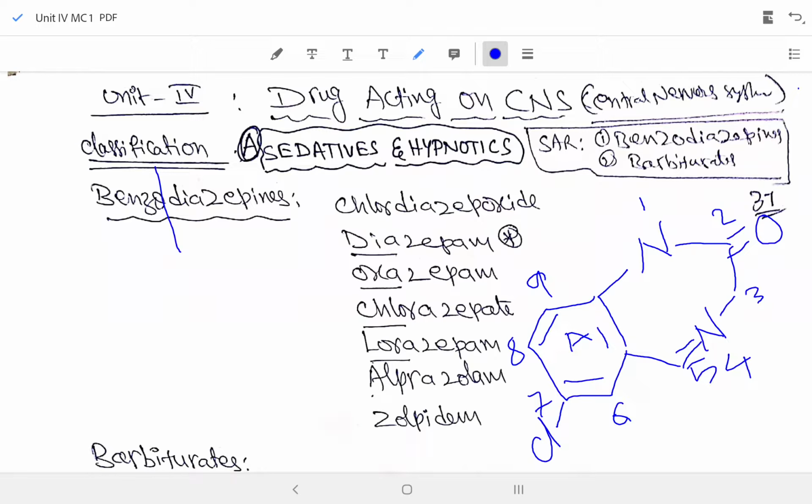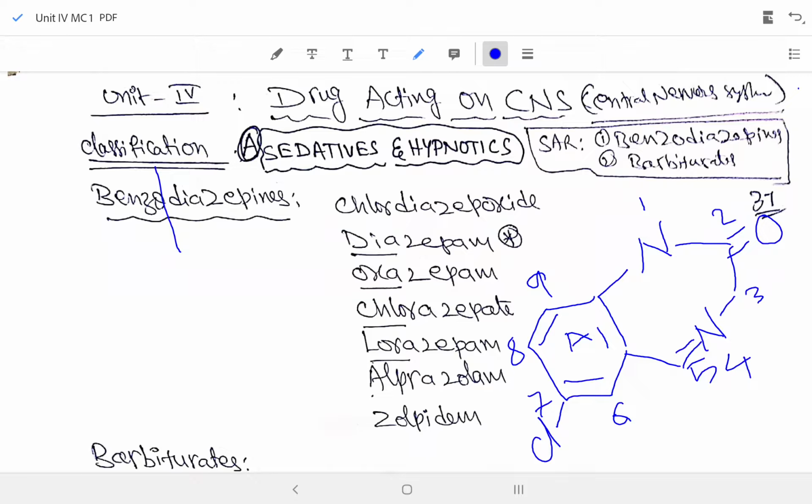And that is required for the activity. The more the electronegativity, the more will be the activity. And 6th, 8th and 9th position should be left vacant. Otherwise, the drug will have no activity.